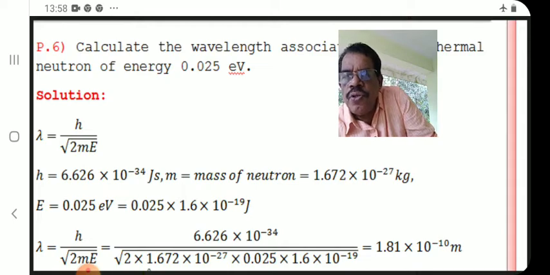E is equal to 0.025 eV, equal to 0.025 into 1.6 into 10 raised to minus 19 joule. That is the eV to joule conversion.